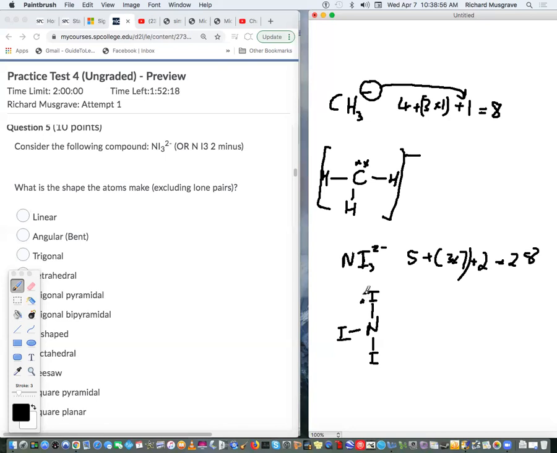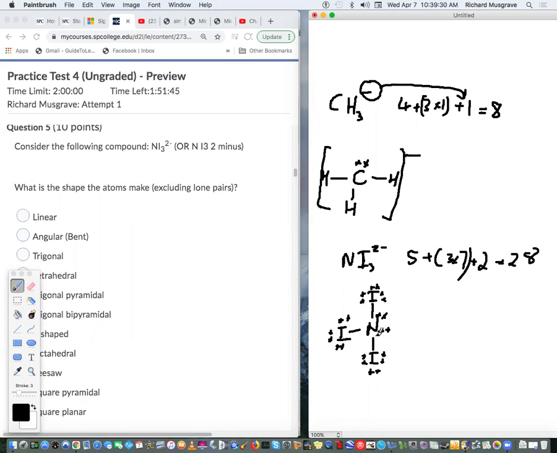And we would put our electrons around first. Okay, that's a total of 24 so far. And then we have 4 left over. Those all have to go on the central atom. So we've got actually here 2 lone pairs on the central atom and then 3 atoms. That's a total of 5.